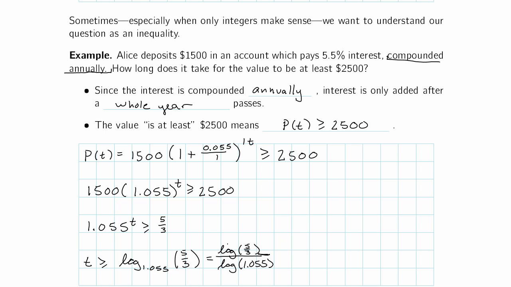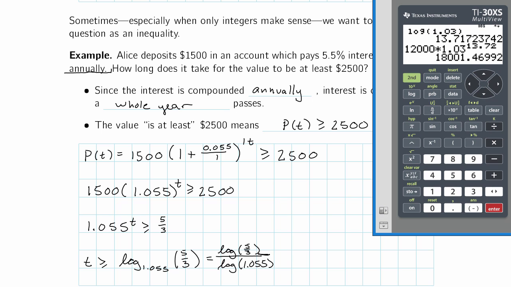Throwing that into the calculator, we'll get the log of 5/3 over the log of 1.055. So that's 9 and a bit.